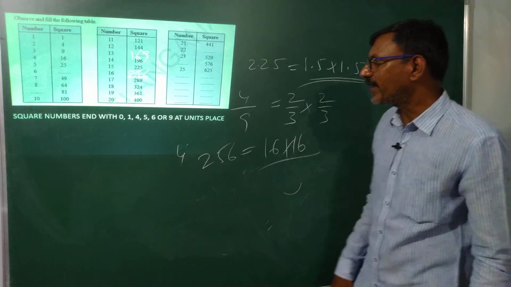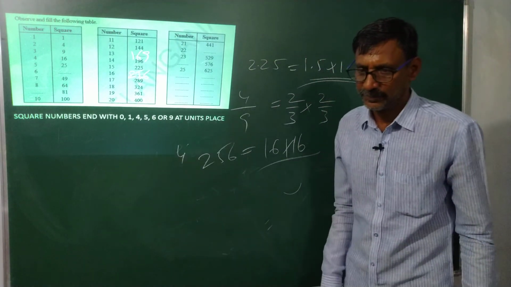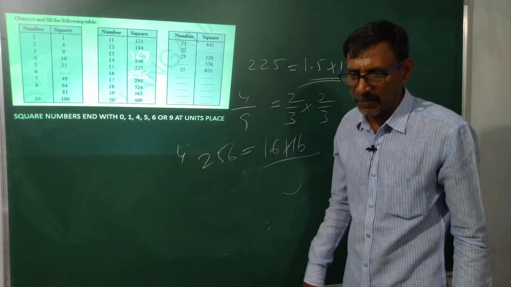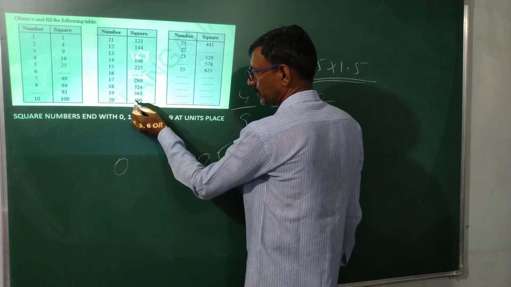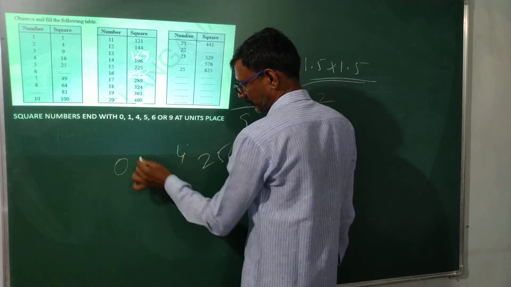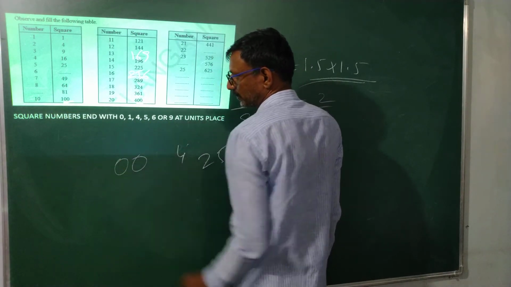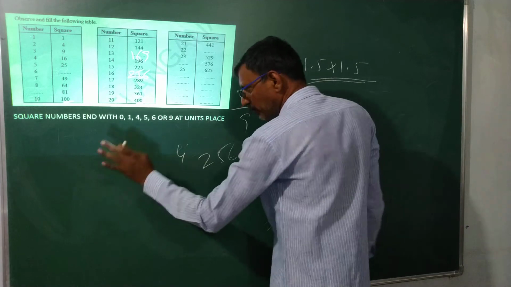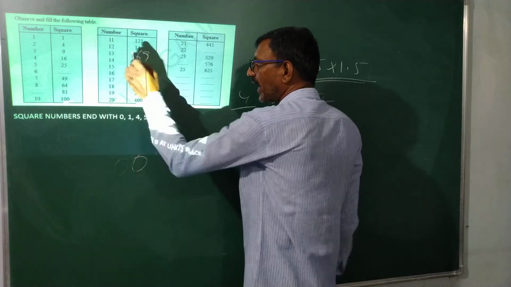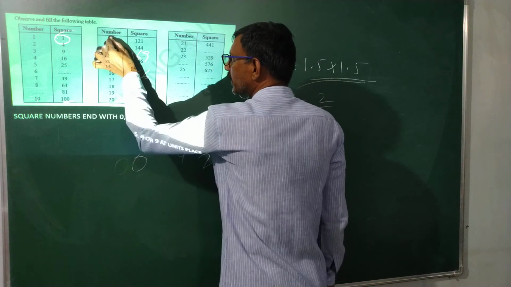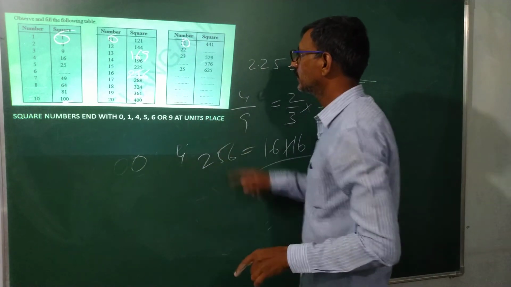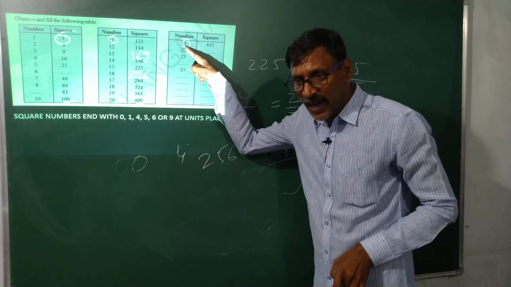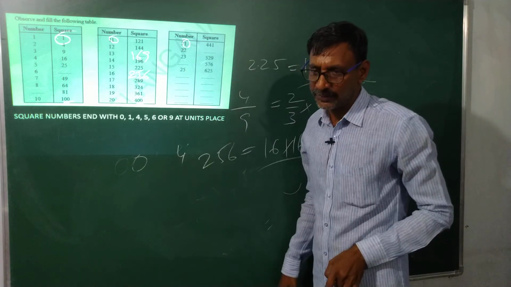By observing this pattern, a square number can end with 0. See here, double 0. Next, the unit place. See the unit place. The unit place is 1. 21 square is 441, again ending with 1.